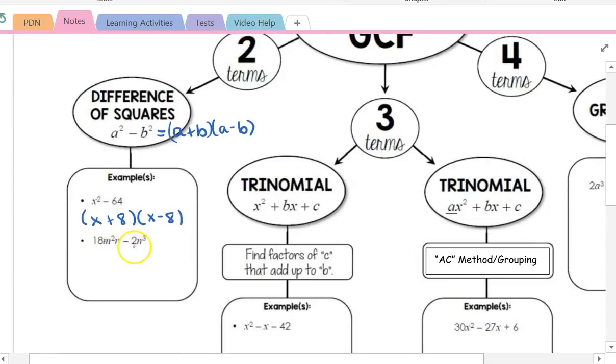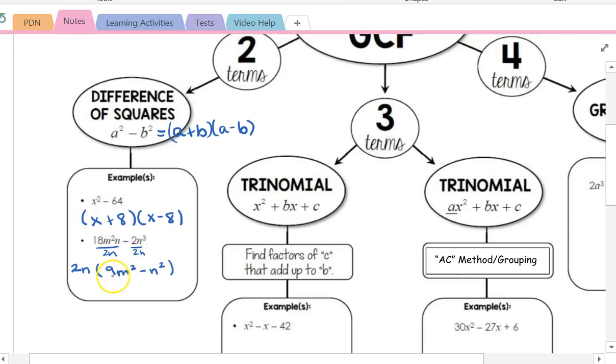18m squared n minus 2n to the 3rd, well, that has a lot of stuff, but it has a 2 as a factor of 18 and 2. I also see both terms have at least one n, so I'm actually going to take out a 2n. I'm going to divide everything by 2n. In this case, I'm left with 9m squared minus n squared.